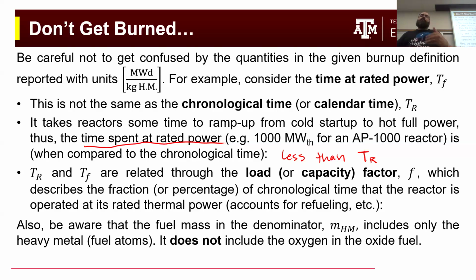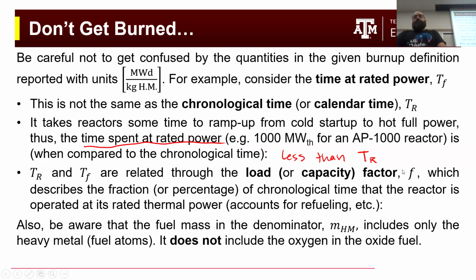So the overall time from T0, when you first start making fissions happen, to T final, when you're pulling the fuel out of the reactor, is different from the time at rated power. It's not going to be at rated power for as long as the time that elapses from when you first start making fissions happen to when you pull the fuel out.